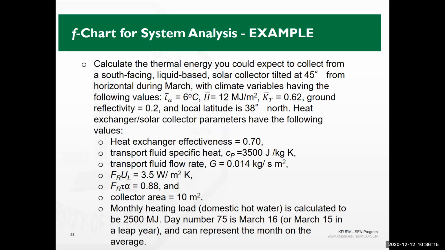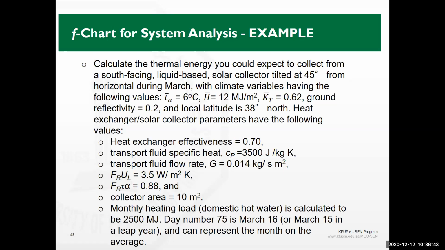The coefficients FRUL is 3.5 watt per meter square Kelvin, and FR tau alpha is 0.88. Collector area is 10 meters square, and the monthly heating load for domestic water heating is calculated to be 2,500 megajoule in a day, which is on March 16, N equal to 75, or March 15 in a leap year.